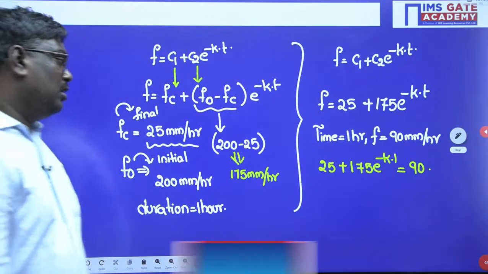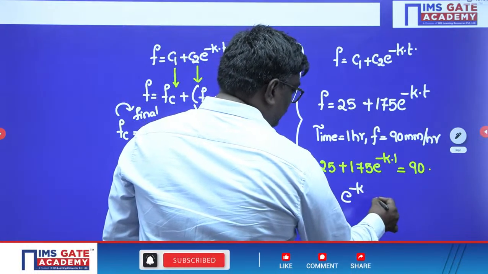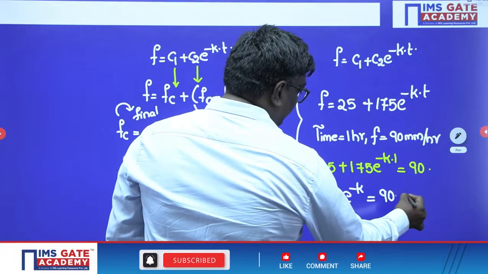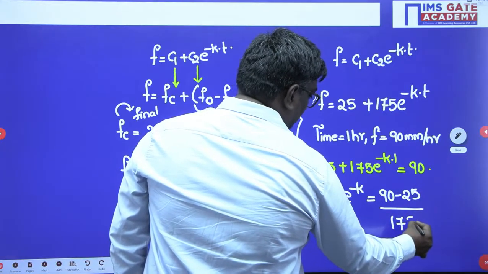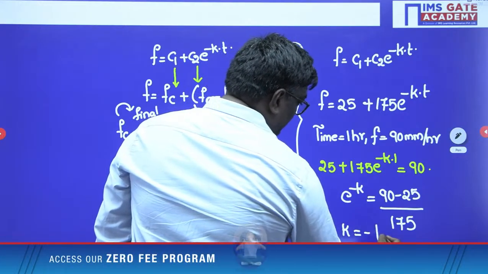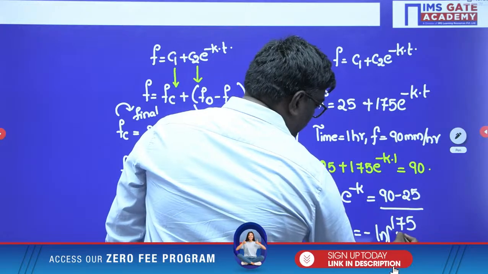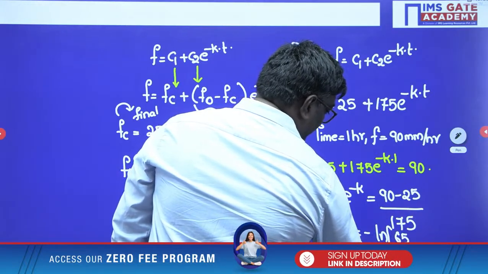Okay. Now see students, e power minus K is equal to 90 minus 25 upon 175. So K is equal to minus of ln of 65 upon 175.